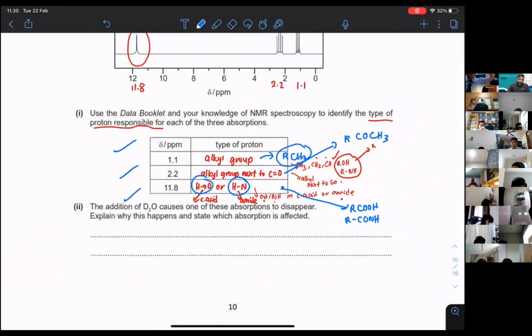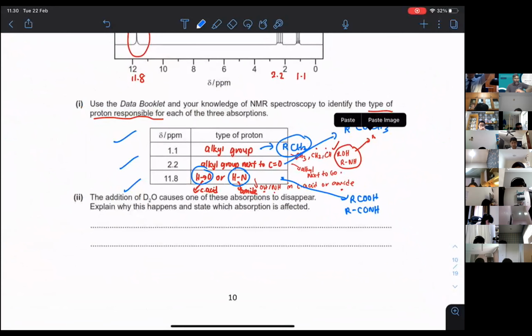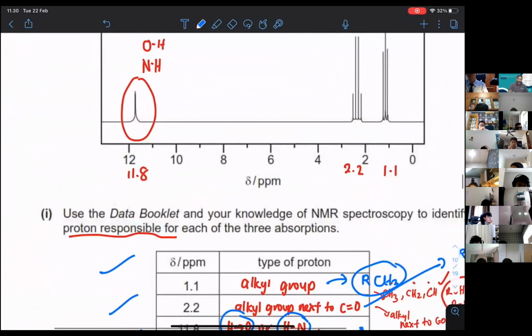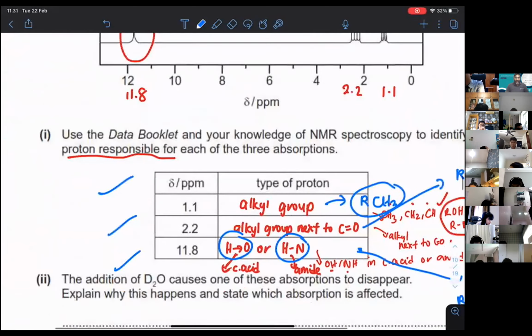Now the addition of D2O causes one of these absorptions to disappear. Explain why this happened and state the absorption that is affected. The absorption that will disappear is the one at 11.8. Why?